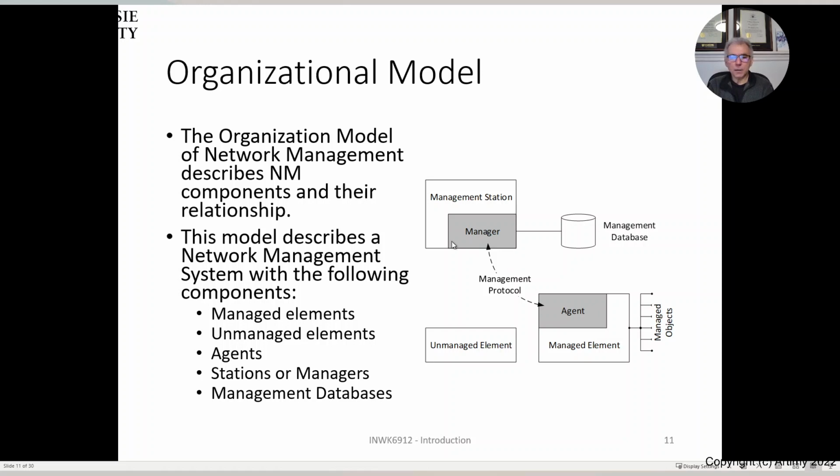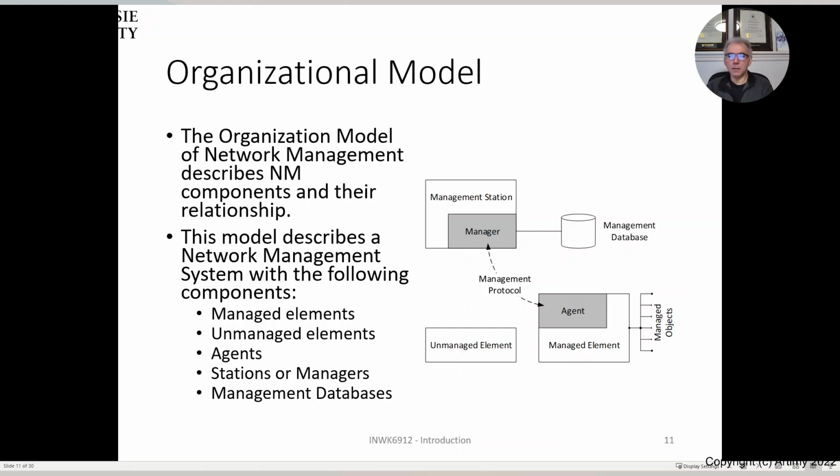The manager may need a database to store some of this for historical records, right? So the manager, not the device, the person, the network manager, may need to look at the bandwidth over the last 6 months to see a trend.